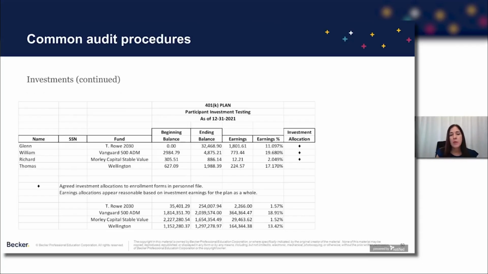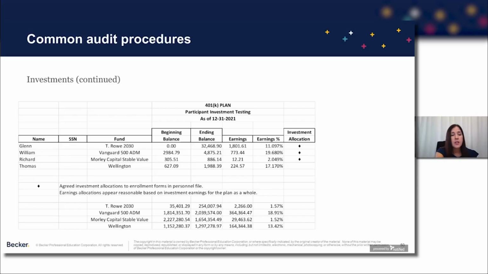Here we have an example work paper where we're testing the investment income allocated to participant accounts and their ability to change their investment allocation. This is a reasonableness test. And so they're taking, it looks like, one fund per person, even though that participant may have allocated their contributions across 5 different investments, they're just looking here at one investment for that participant.